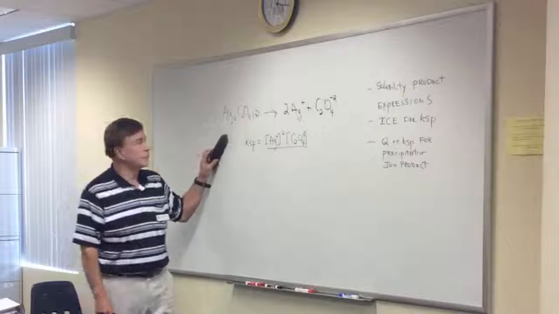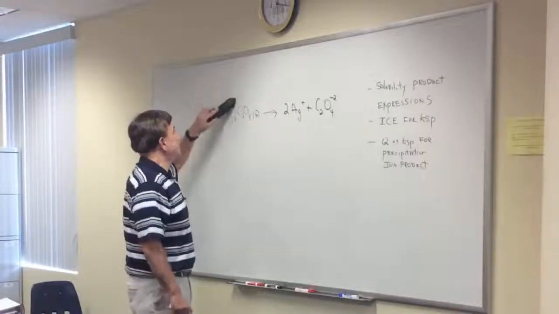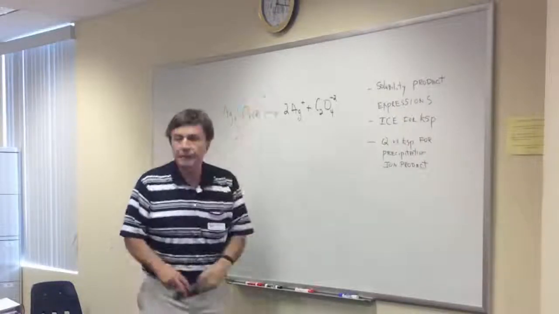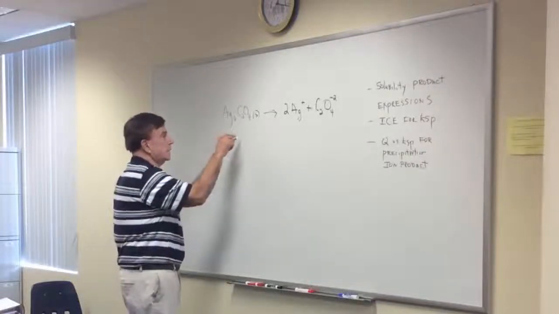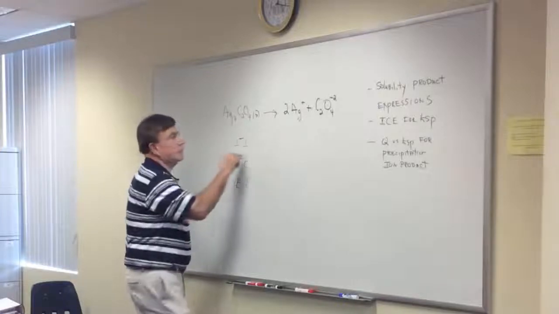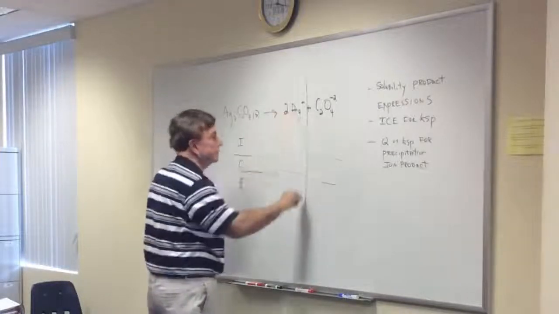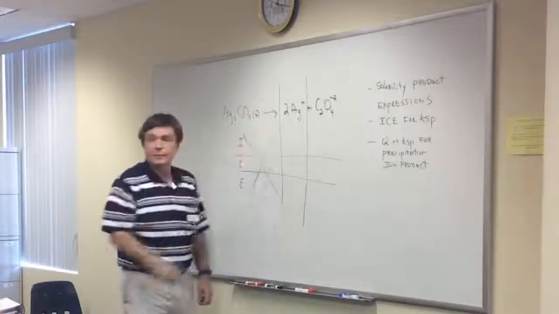Now let me talk about the ICE expression, all right? And again, I'm not going to bore you with this stuff, meaning I expect you to know that already. And this is always X'd out because it's never going to be part of the ICE.